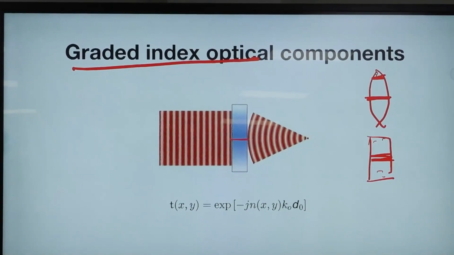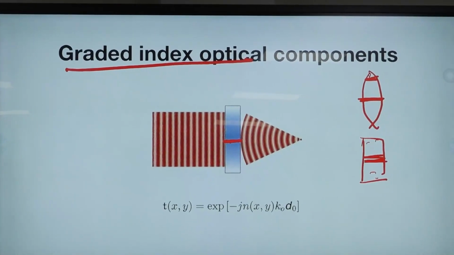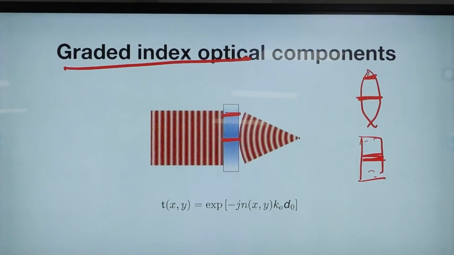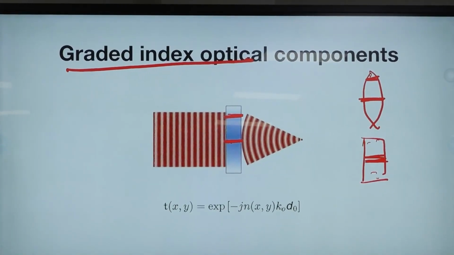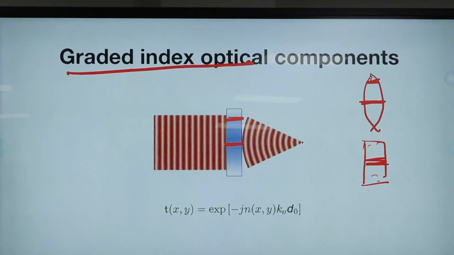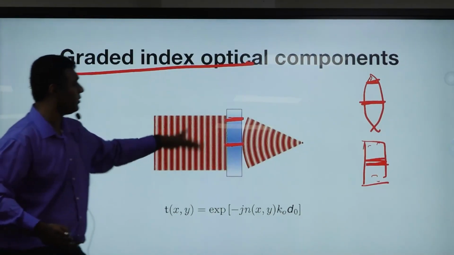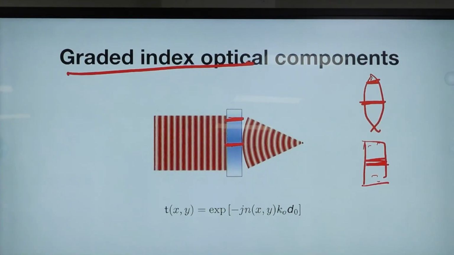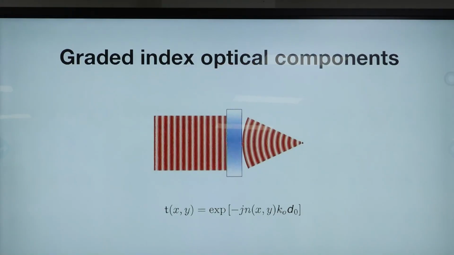So if your refractive index is high here, the optical distance is big in the middle and smaller away from it. As long as the optical distance is varying, just like in the curved surface case, if you have the same profile, the light will also converge exactly like it would. So these are another type of component. It's not as easily available as regular lenses, but we can buy them, and it's very useful for certain kinds of experiments.